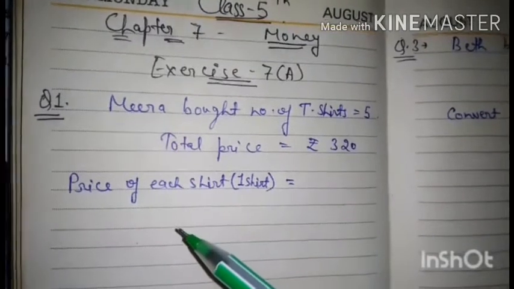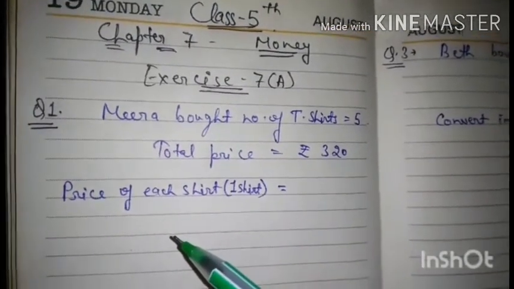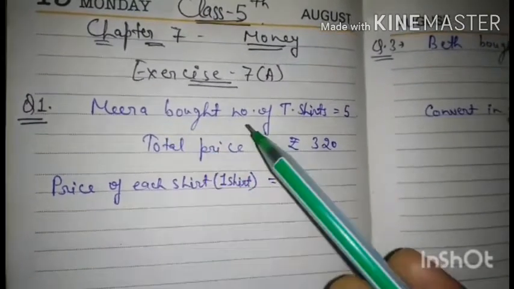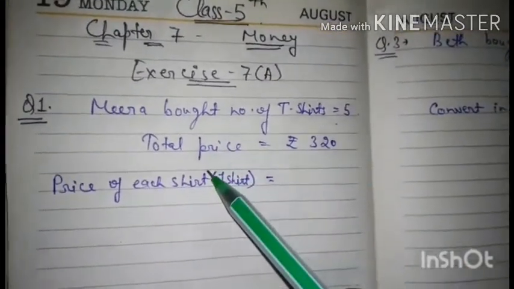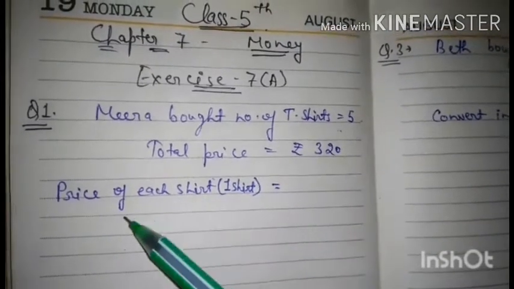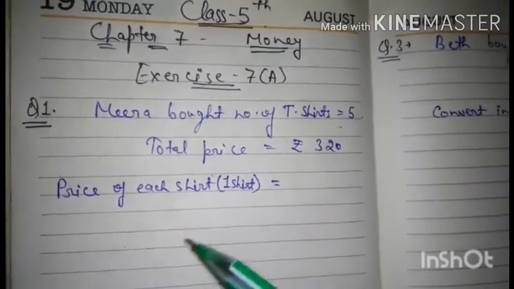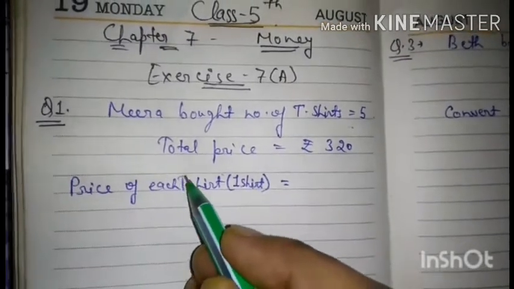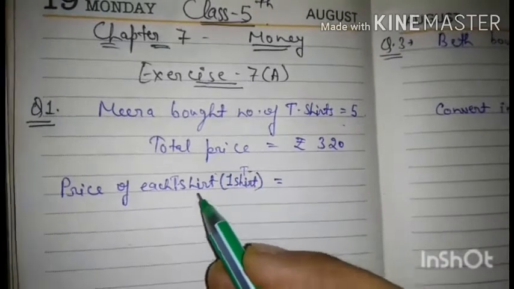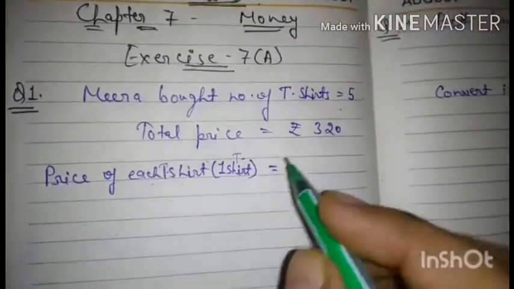Exercise 7a. Meera went to a shop and bought 5 t-shirts for rupees 320. So write as a statement: Meera bought 5 t-shirts. The total price of 5 t-shirts is rupees 320. So the price of each t-shirt, it means one t-shirt.